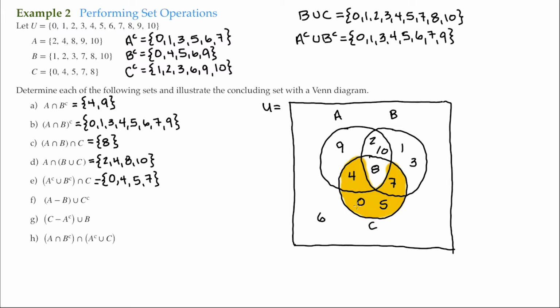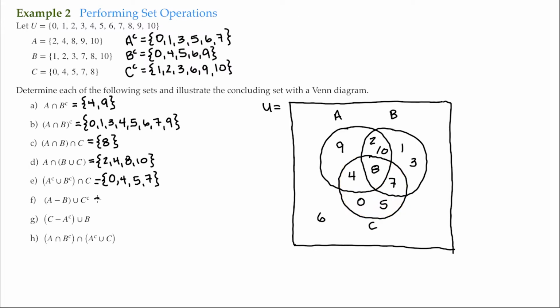Let's move on to F. So we have all the elements in A and all the elements in B. Take out the elements in B that are in common with A, and then we have what's left over. So we'll do A minus B. Don't forget we're going to do what's in the parentheses first here.